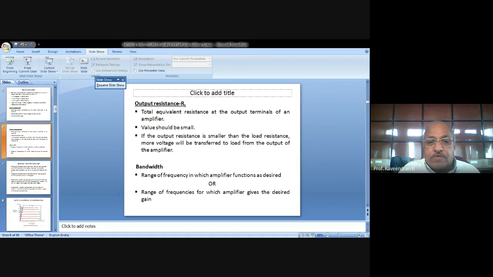For any CE configuration, the output voltage VO is numerically equal to VCE, the collector-emitter voltage, and that is nothing but VCC minus ICRC.